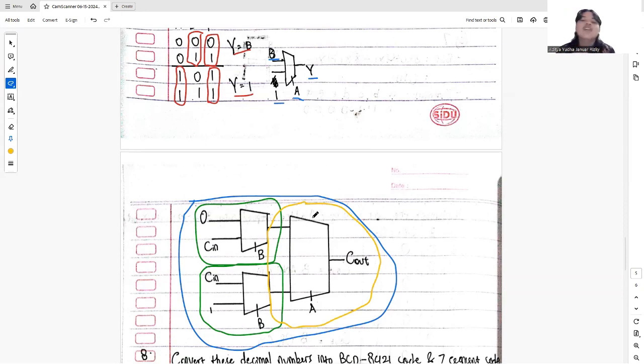Now you know and you understand why I'm using A as my selector, the C out from both previous circuits as my inputs, and the C out as my output.